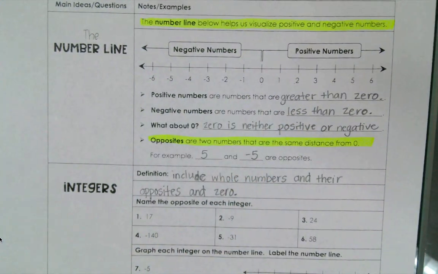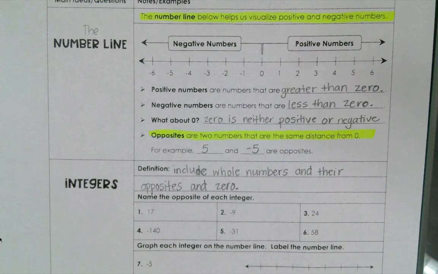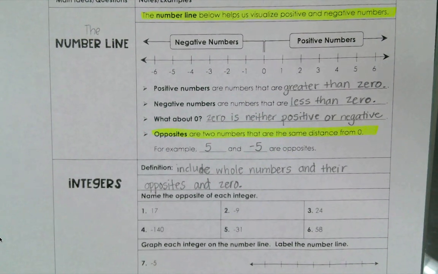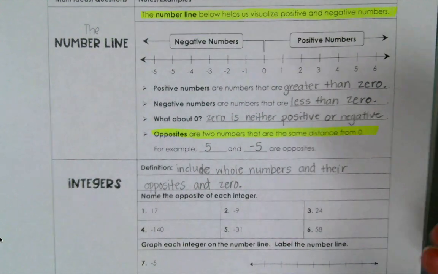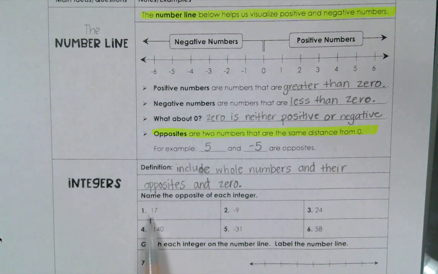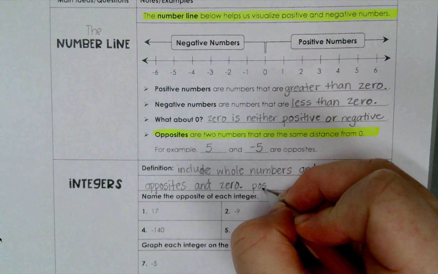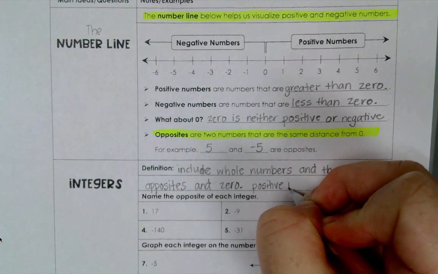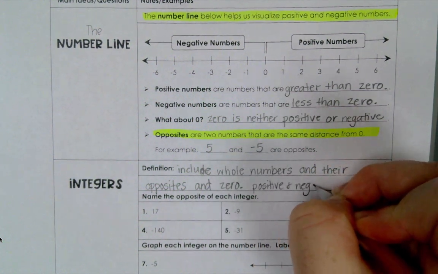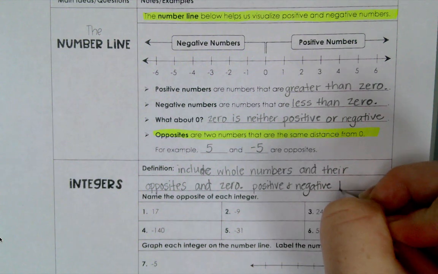Okay, so integers include whole numbers and their opposites and 0. So for example, all of these are integers. 17 is a whole number, okay? And it's positive. And I'm going to say over here, positive and negative numbers, okay?